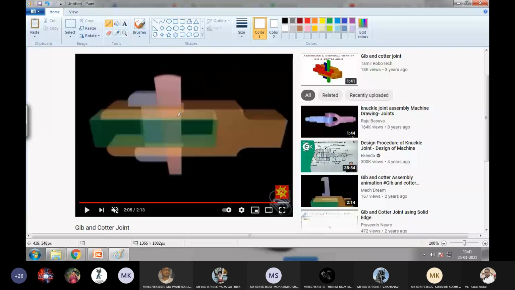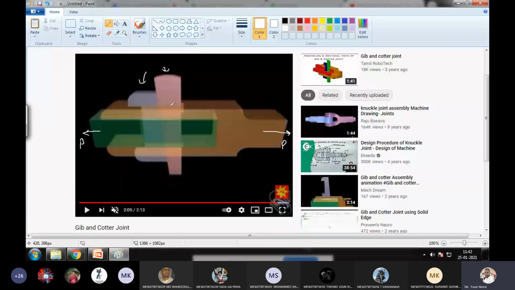Now see here, because the load P is applying on this rod. Now this is actually tensile load, but this tensile load is distributed on these two elements in a tangential manner.